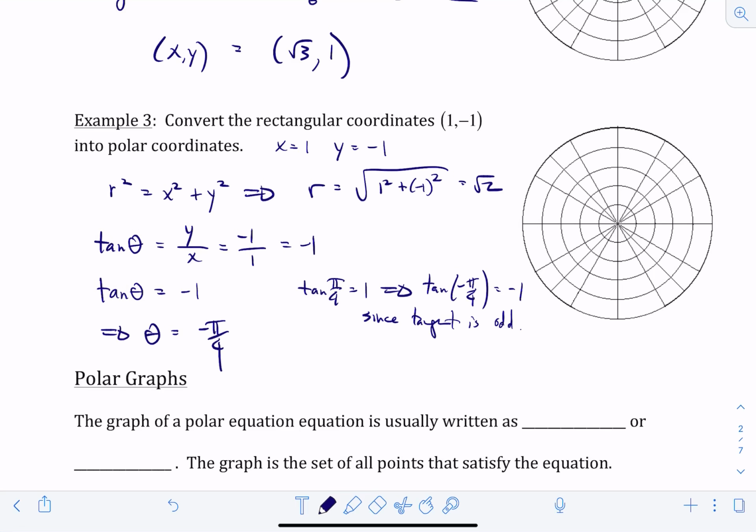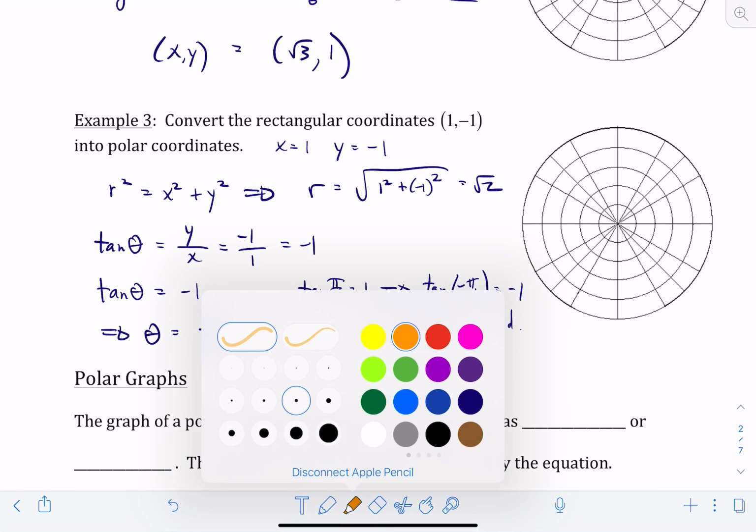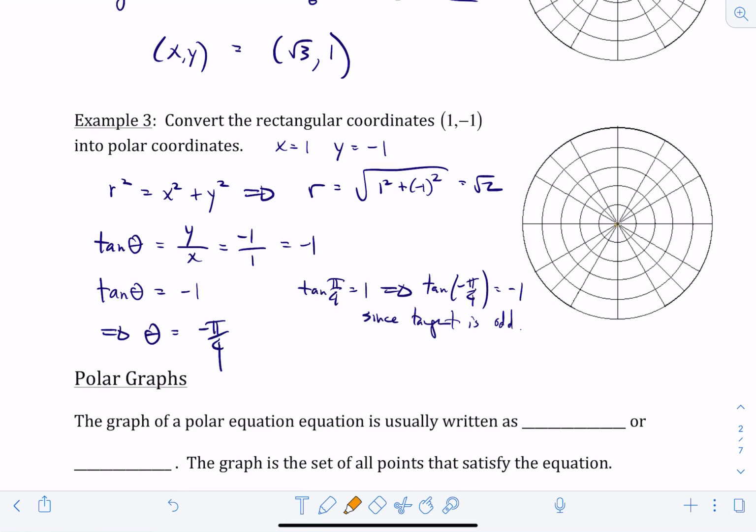Right. So how is that going to look on our graph? The direction of negative pi over 4 is this way. This is negative pi over 4. And I want to go out a distance of rad 2. A distance of rad 2 is like, is that 1.7?